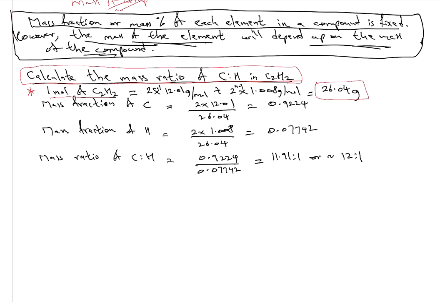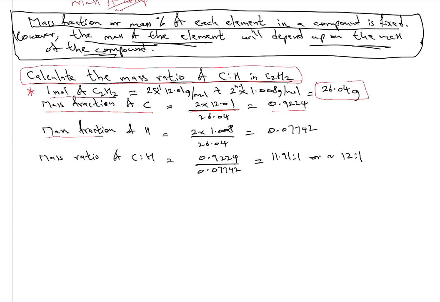So the total weight of 1 mole of C2H2 is 26.04 grams. Then we find the mass fraction for carbon, which has 2 carbon atoms. So 2 into 12.01, the atomic weight of each carbon atom, divided by the weight of the compound, 26.04, and that is 0.9224.